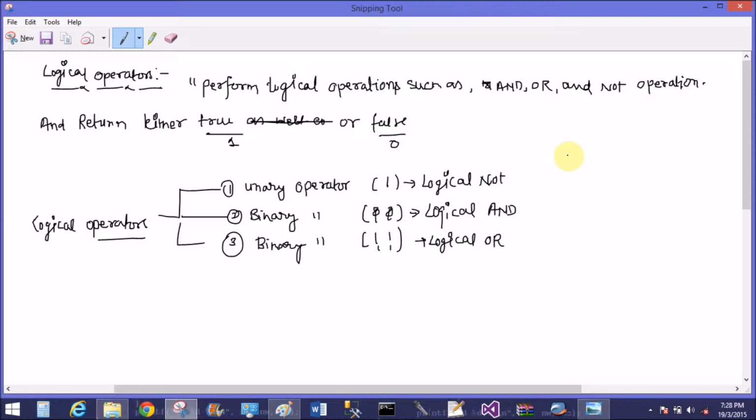So if we have two inputs in AND gate, so what is the priority? First of all I would like to share about priorities. Unary operator priority is 1, binary logical AND is 2, and binary logical OR is 3.